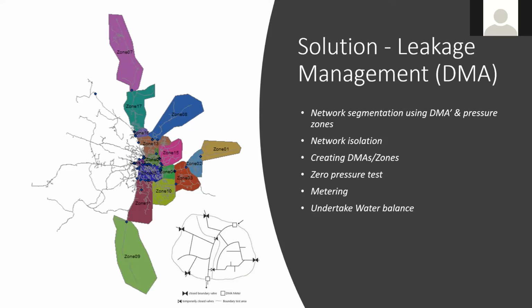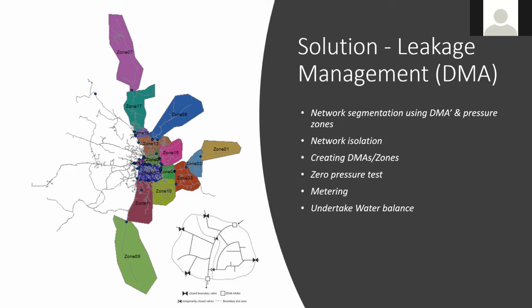So at the end of the day, we can do some sort of a water balance where we compare the cumulative consumption of all the customers within that DMA to the flow readings of the bulk meters that we are placing on the inlets and outlets of this DMA.